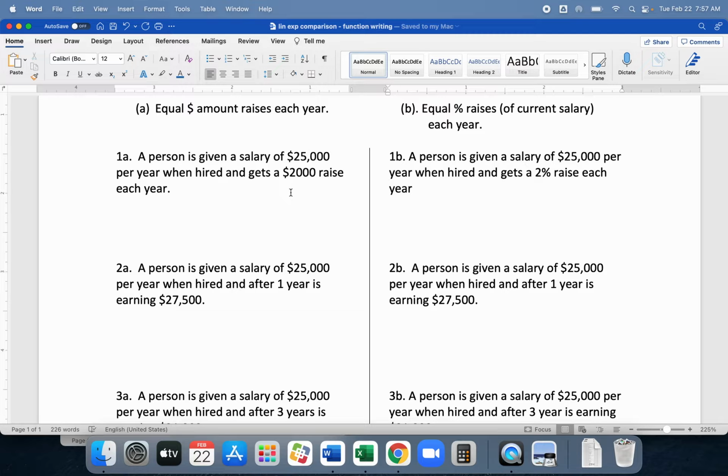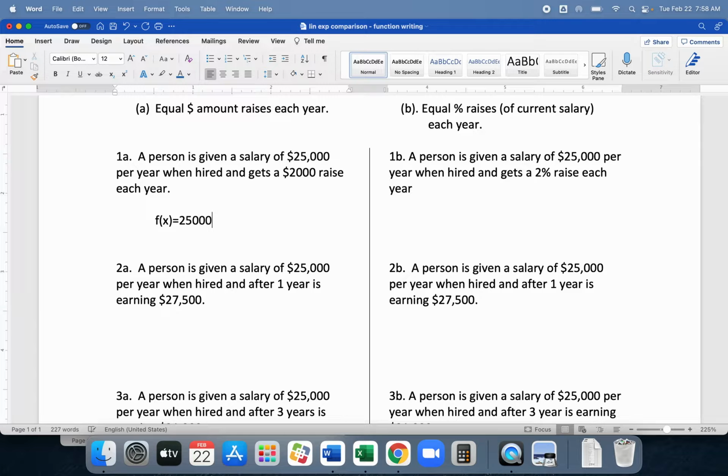If we're writing a linear equation and I know a y-intercept and a slope, essentially, just pop them in and I'm set to go. But again, we're starting at 25,000 and going up by 2,000 per year. So if I were going to write a function for this, f of x equals, I'm just going to write it in the order I said it.